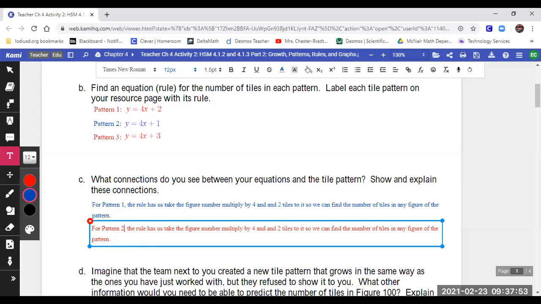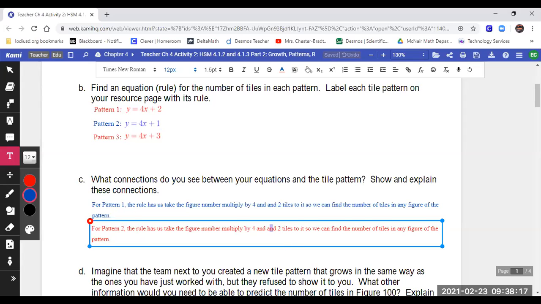What else am I going to change? The number of tiles, from a 2 to a 1, yes, because we have to add 1 tile.